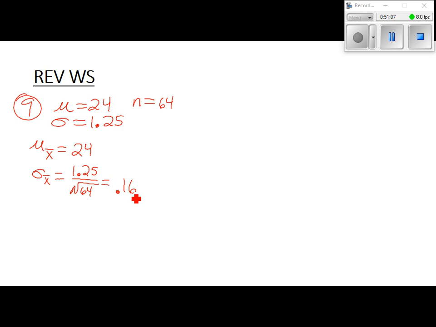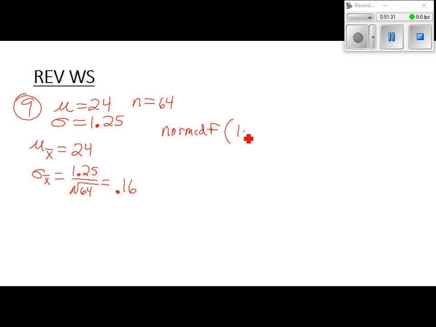Now, once we have all that, we've changed everything to fit the new curve for the sample means. So now we can use the normal CDF on our calculator. What things do we need to put in for norm CDF?